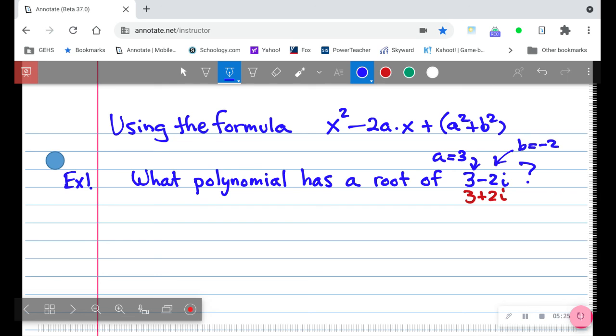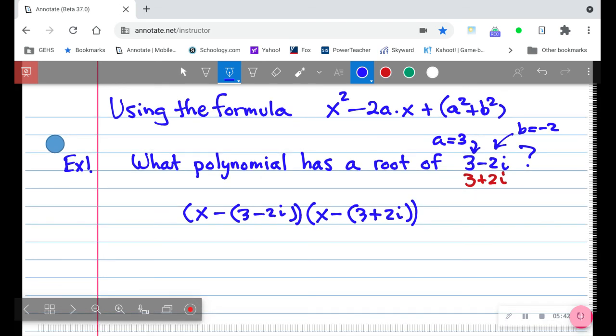So I'm going to have that the original would look like this, 3 minus 2i, and its conjugate, 3 plus 2i. Now, if I took the trouble to multiply all that out, I'd get this value here. So let's just do that instead. You get x squared. It's always x squared in the front. And you want to double the a value and change the sign. So negative 2 times this number.